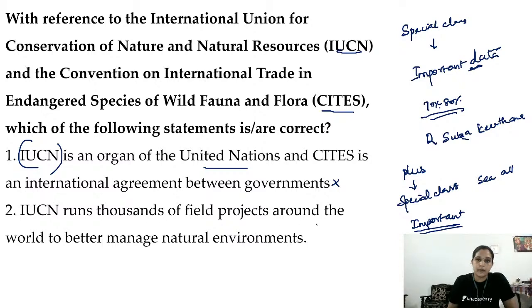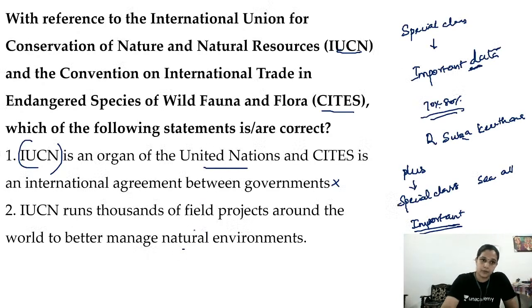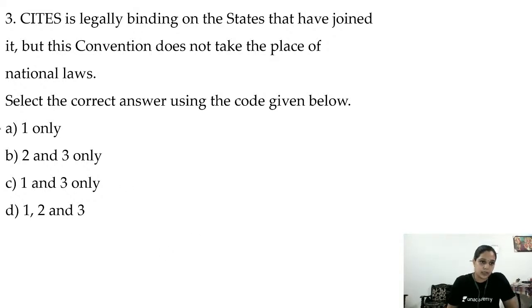IUCN runs thousands of field projects around the world to manage the natural environment better. Okay. See, first of all, I know that IUCN is not an organ of the United Nations. If I eliminate that alone, I get the answer. CITES is legally binding on the states that have joined, but this convention does not take the place of national laws. Keep one thing in mind.